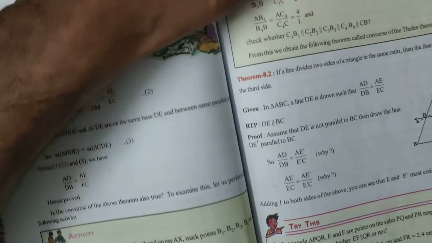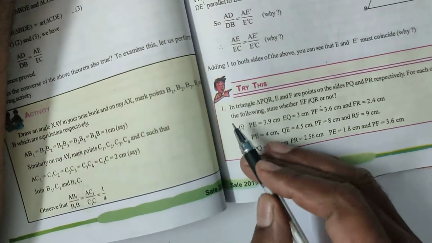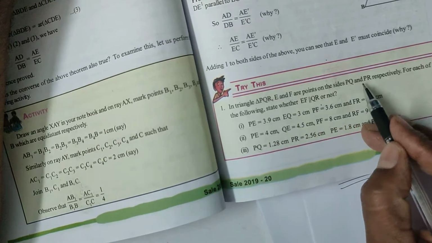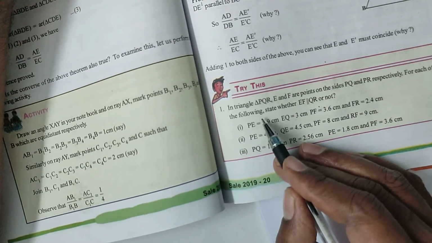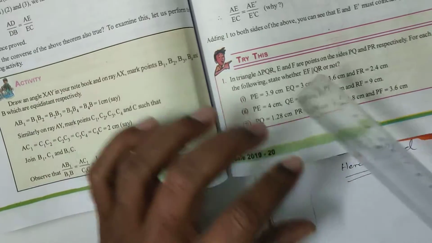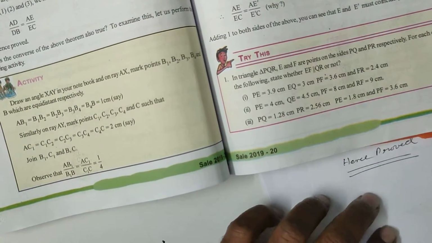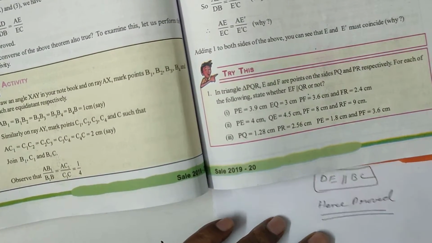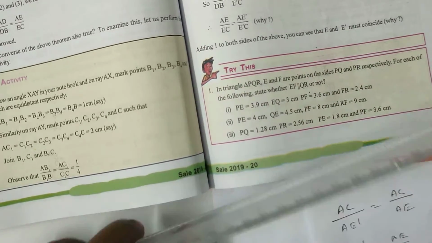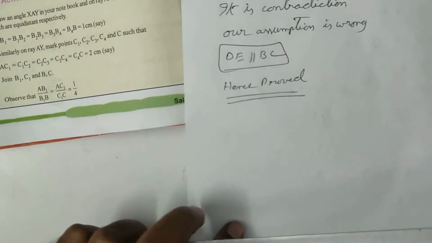Okay, the problems are as follows. Here in triangle PQR, E and F are points on the sides PQ and PR respectively. For each of the following, state whether EF is parallel to QR or not. So how do we do it? You have to take one triangle PQR. I am taking here triangle PQR.